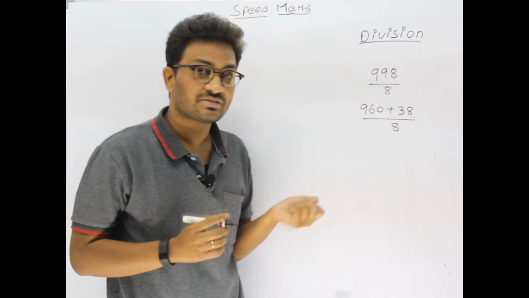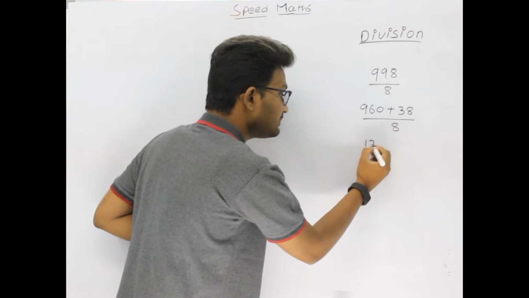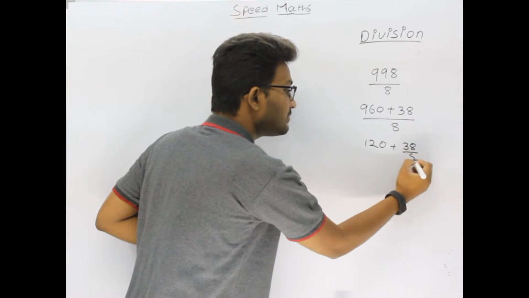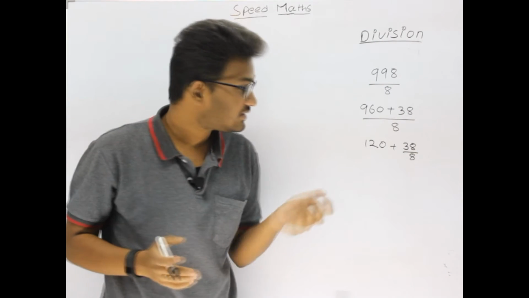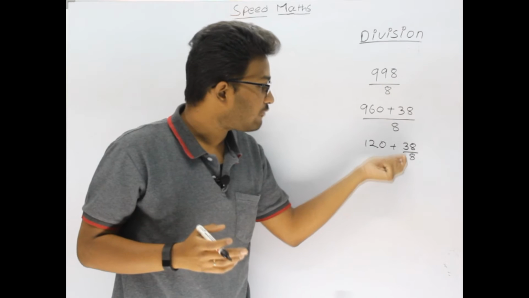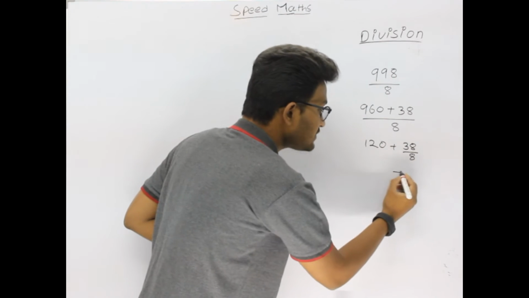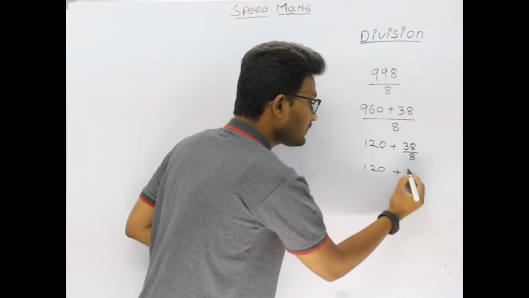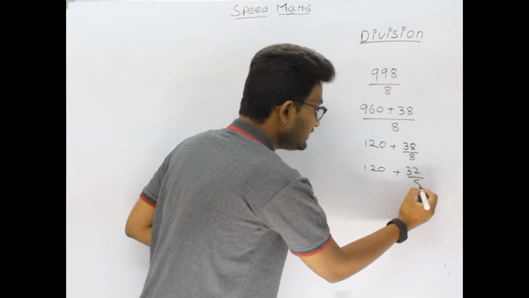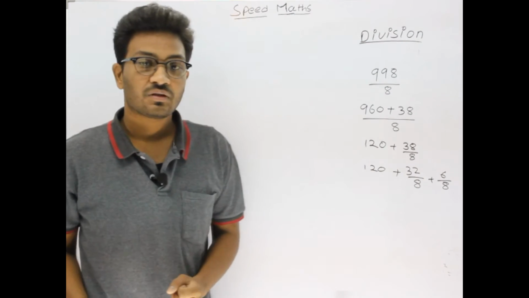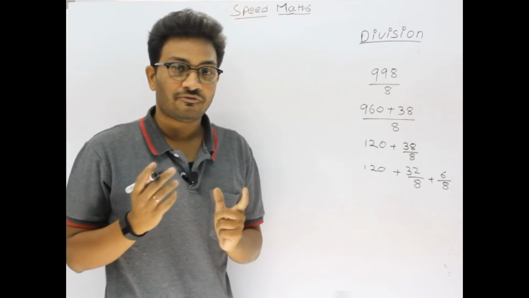And we know that 960 by 8 is nothing but 120. 120 plus 38 by 8, and now we also know that the nearest multiple of 8 which is close to 38 is 32, which will be 32 by 8 plus 6 by 8, and 32 by 8 is nothing but 4.